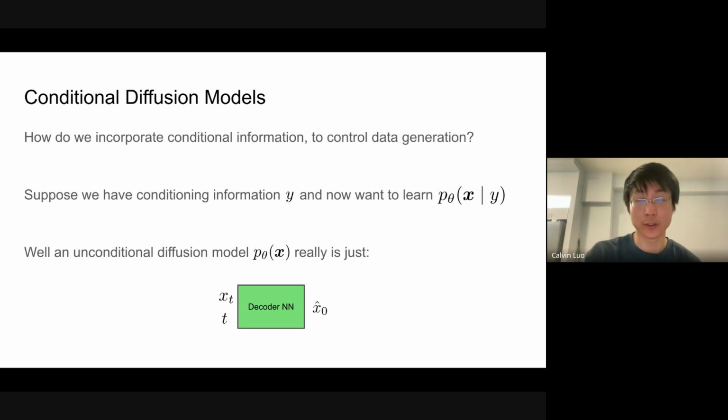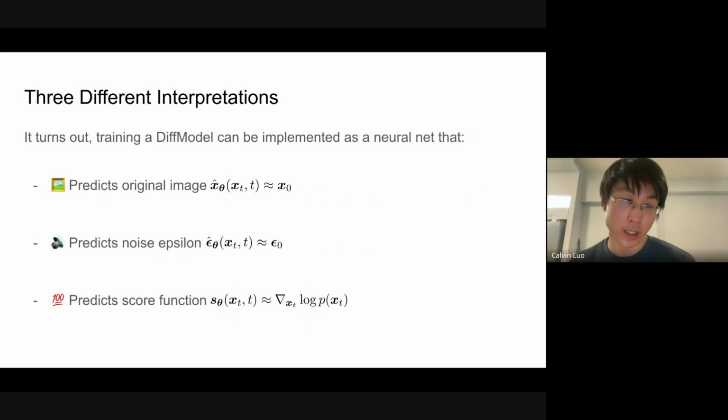Well, an unconditional diffusion model, which we just spent the first hour and a half talking about, is really just one neural network that takes an xt and t and predicts the clean image x0, right? Well, it turns out that if you want to train a diffusion model that conditions on some conditioning information y, you can very simply just pass it in as another input to this model.